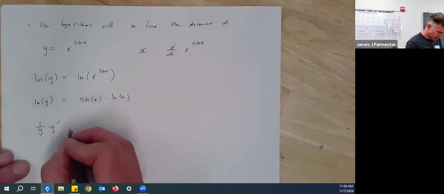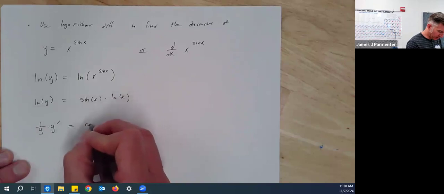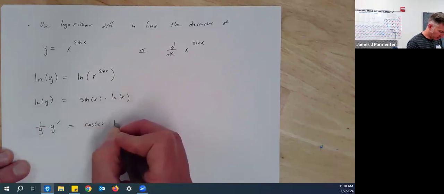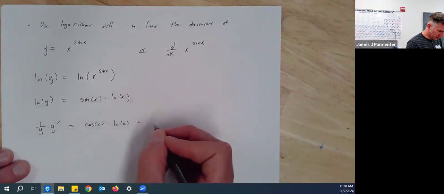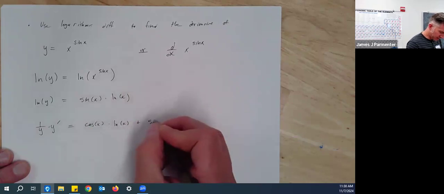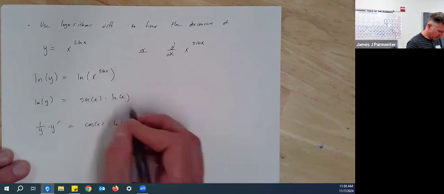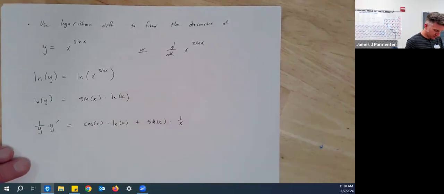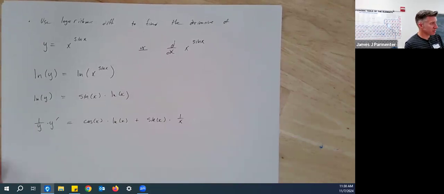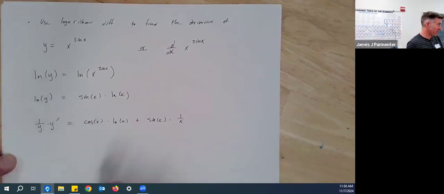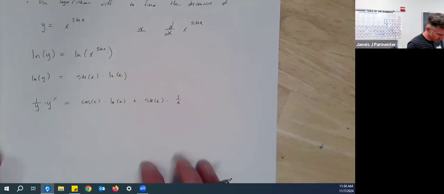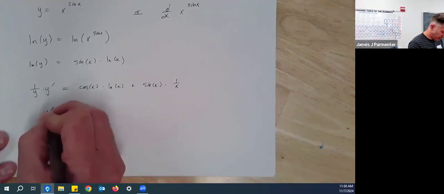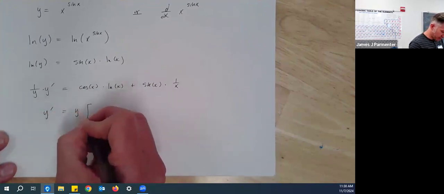So we're going to get the derivative of sine of x, which is cosine of x, times natural log of x, plus, switch it up, leave the sine of x alone, derivative of the natural log of x is 1 over x. I think you can do these next two steps in one, personally: multiply both sides by y and also replace y with what it's equal to. But if that's not comfortable, it's totally fine. We can say y prime is going to equal y times all this stuff.